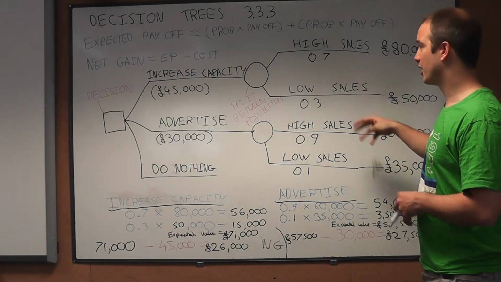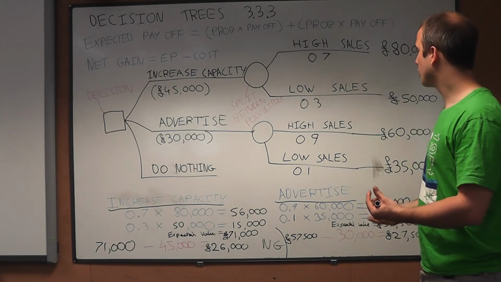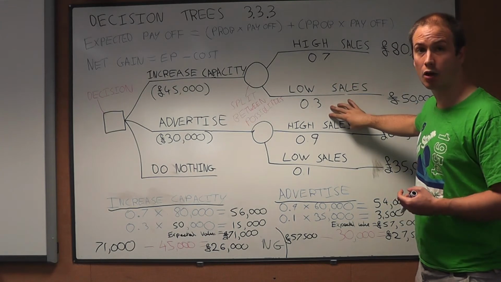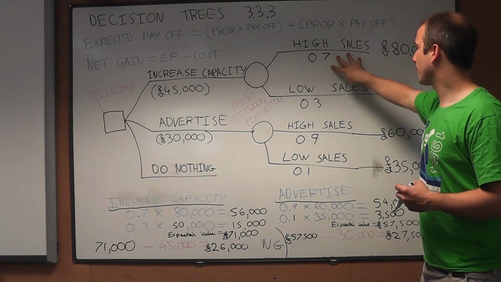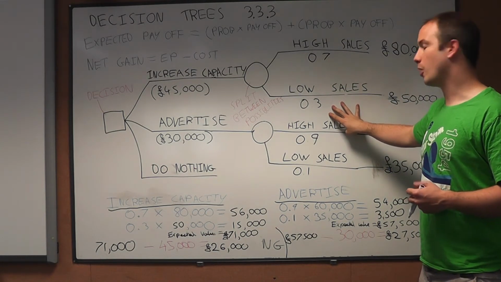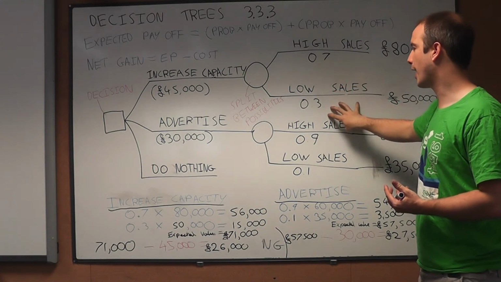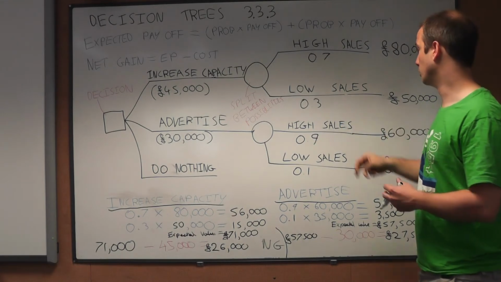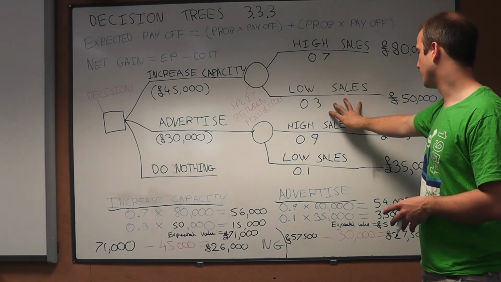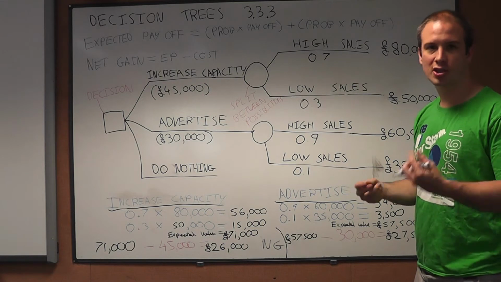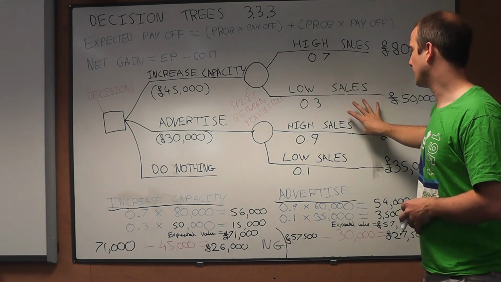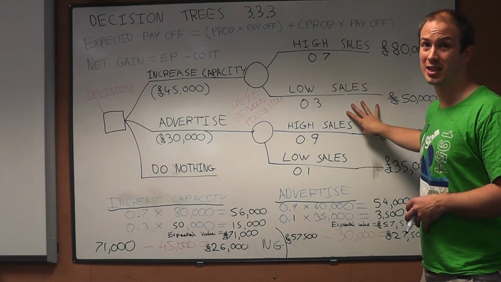There are other problems with decision trees. These probabilities might take a lot of calculation, or perhaps a more well-resourced or larger business might have the ability to calculate these more accurately than perhaps a small enterprise. So there are questions as to whether a decision tree would be applicable for all businesses.